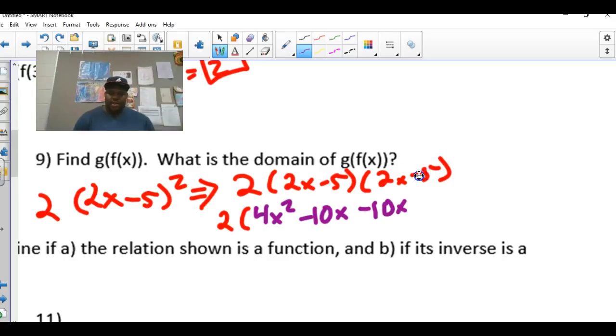And negative 5 and negative 5 gives me a positive 25. So now I'm going to simplify that part to have 2 on the outside times 4x squared minus 20x plus 25.